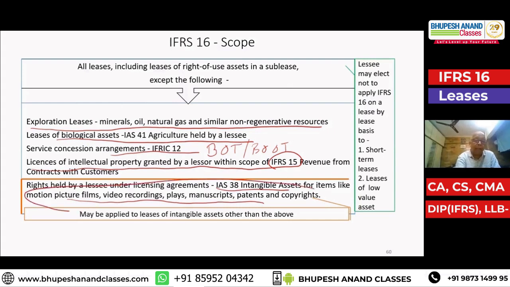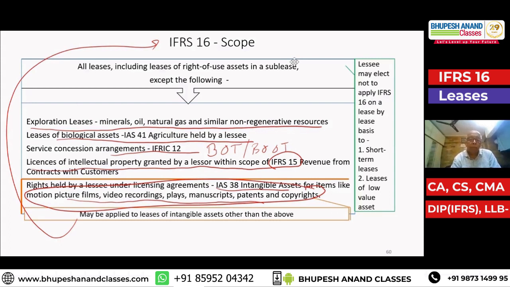Other than these items, you can and you should apply IFRS 16. Then a very important point where questions are asked: IFRS 16 one may not apply if it is a short-term lease or low value asset.